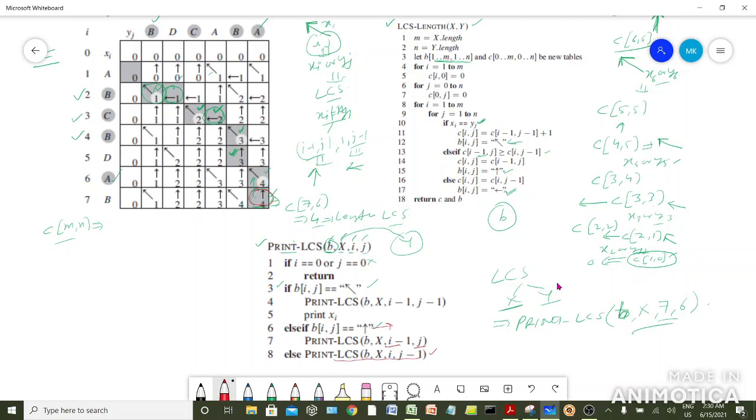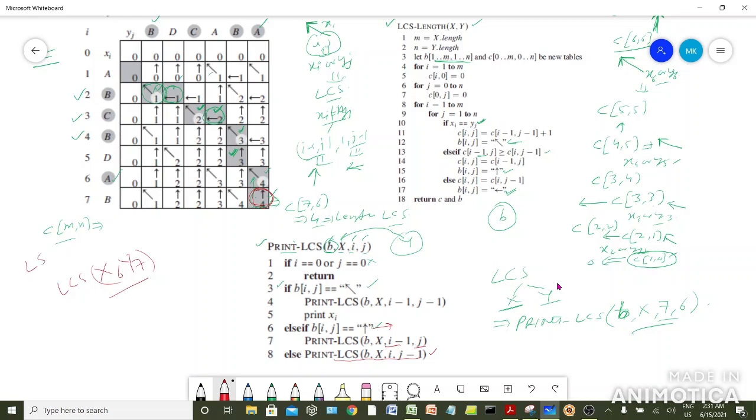If we were there and there was a vertical arrow, then we need to make a recursive call for printing x of 6 and y of 7. Fine, we need to print the values through this.